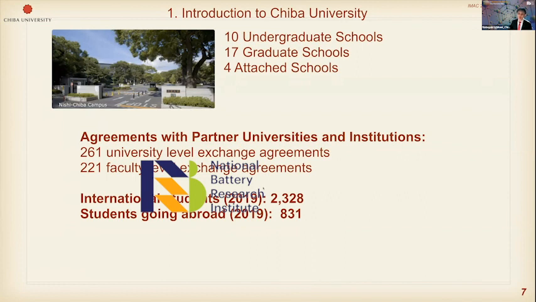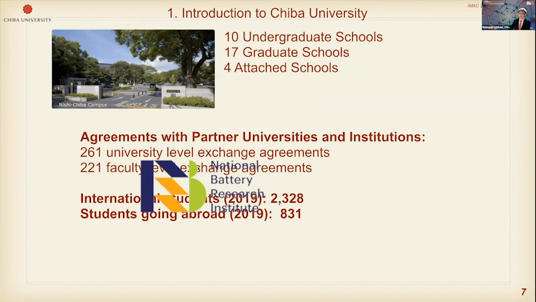We have agreements with partner universities and institutions as follows. 261 university-level exchange agreements were held between 260 universities, and the faculty-level exchange agreements were 220 as of May or later, I forget.